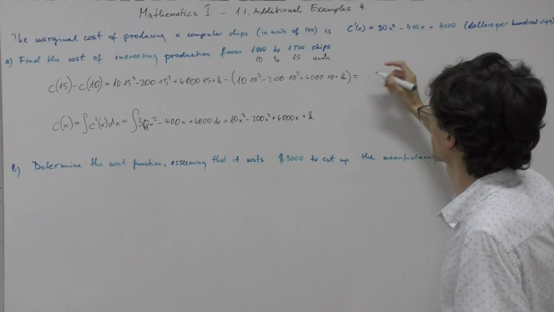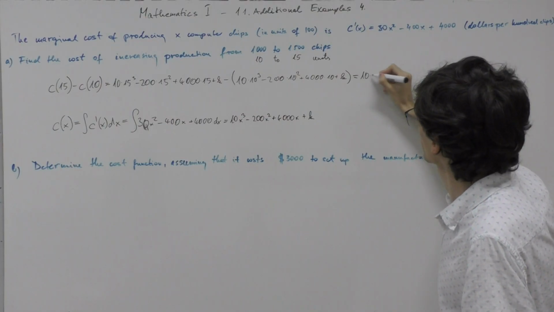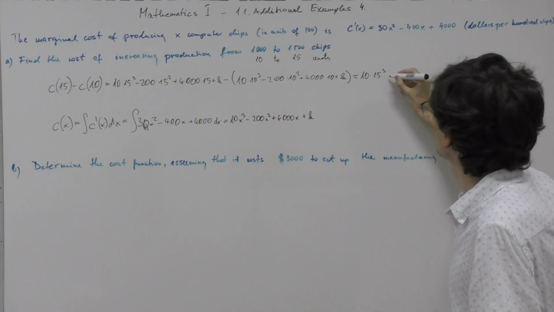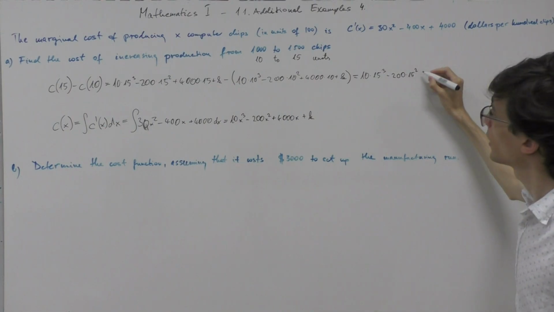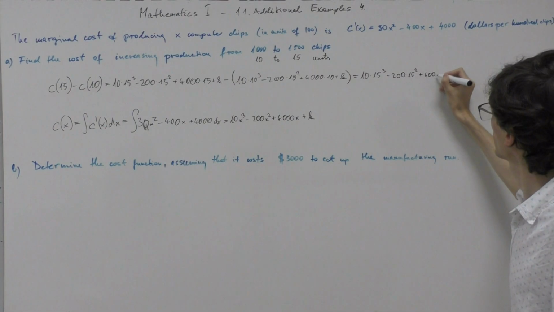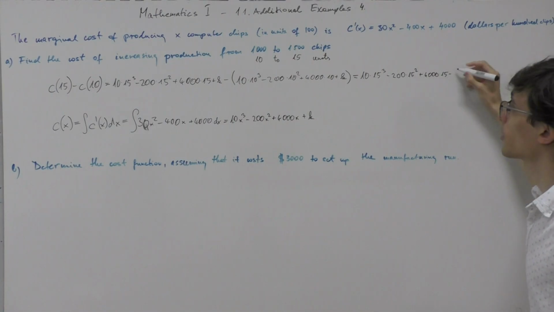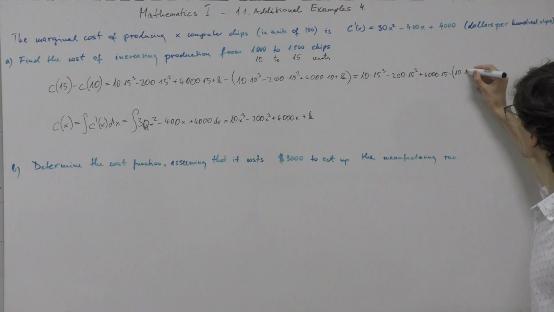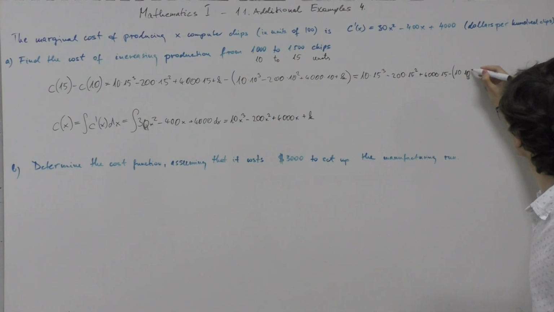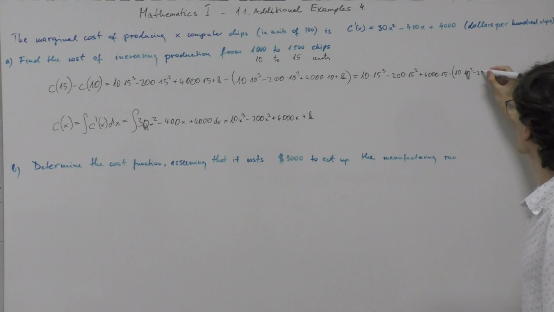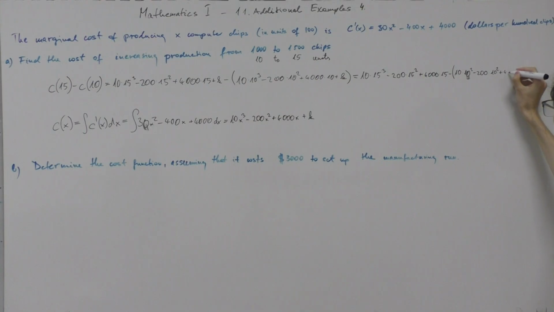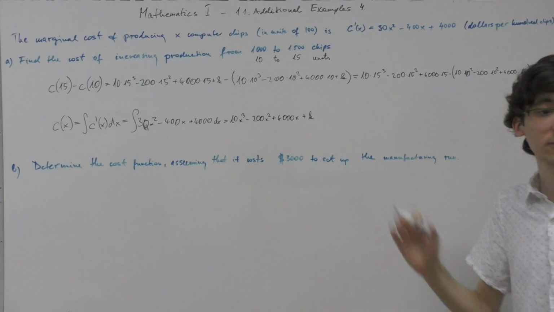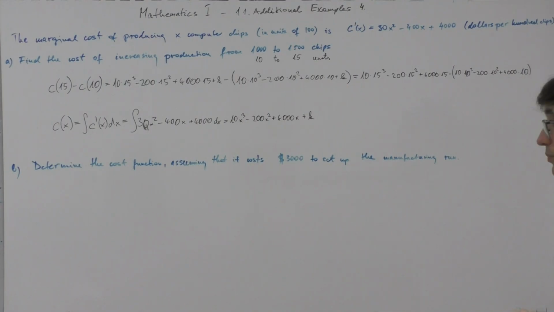So our cost of increasing production will be 10 times 15 cubed minus 200 times 15 squared plus 4000 times 15 minus 10 times 10 cubed minus 200 times 10 squared plus 4000 times 10. Now we are done with part A of the exercise.